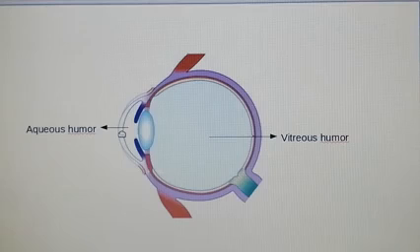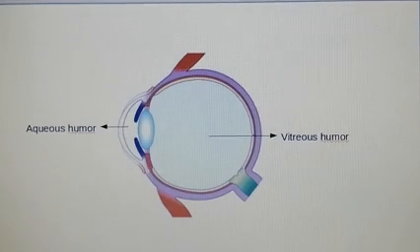The space between lens and cornea is called aqueous chamber. The fluid filled inside aqueous chamber is called aqueous humor. It is a water-like fluid.